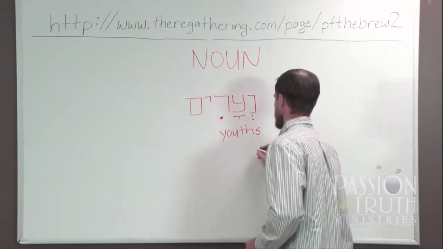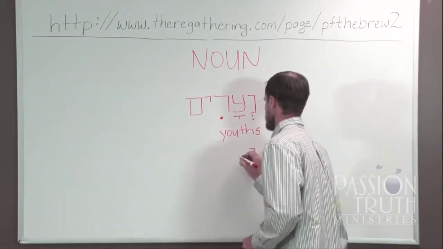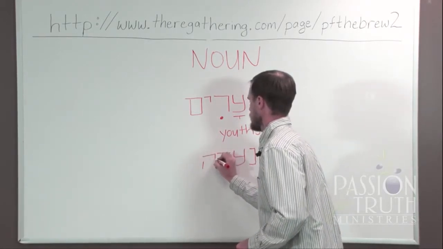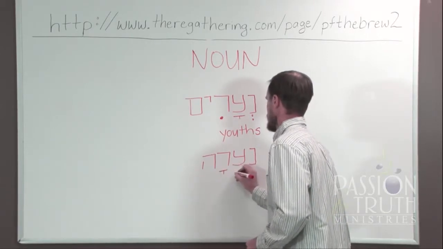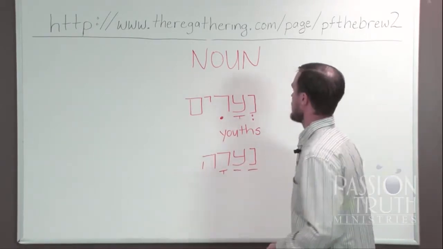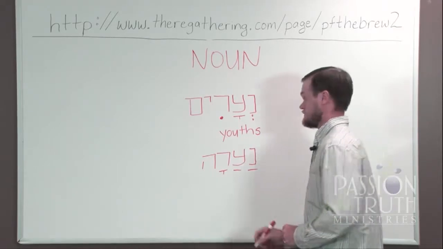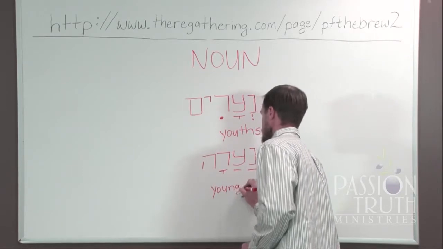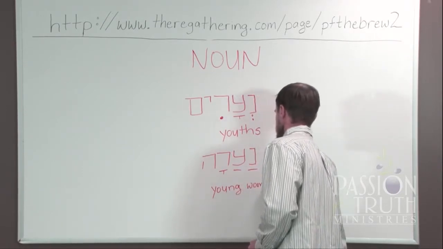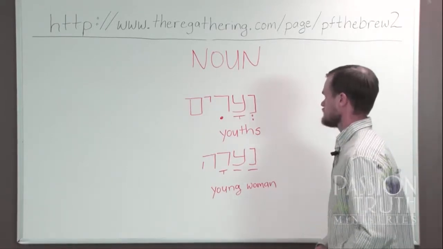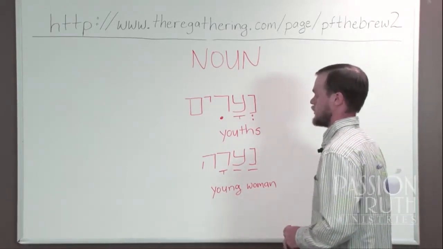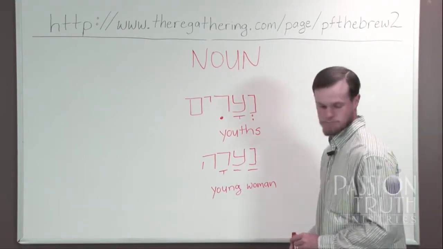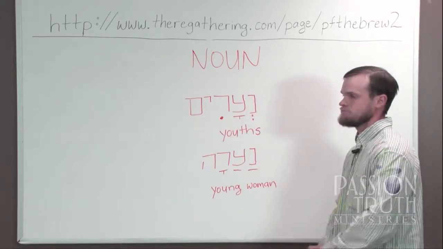Okay, how about its counterpart? Na'ara, which is a young woman. Okay, this is a feminine noun. So how would we say young women? Add the ot.